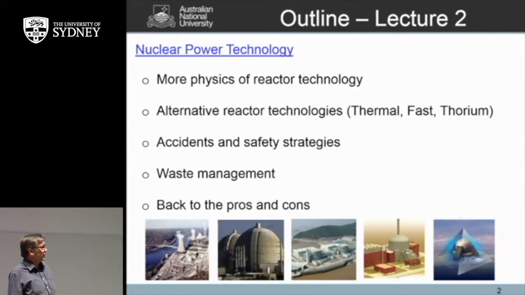We'll do a little bit of an overview of alternative reactor technologies. Most of the emphasis so far has been on light water reactors. I'd like to say a little bit about accidents and safety strategies, and a little bit about waste management, and then at the end we can go back to the pros and cons.